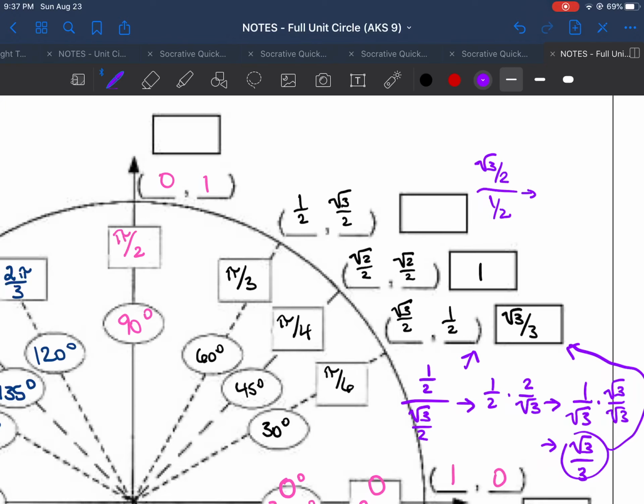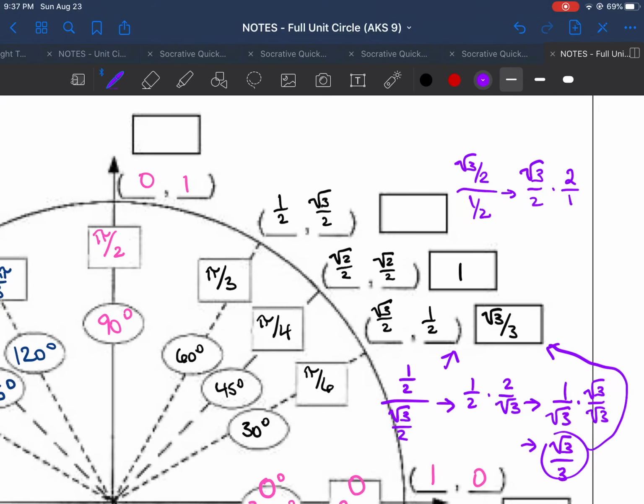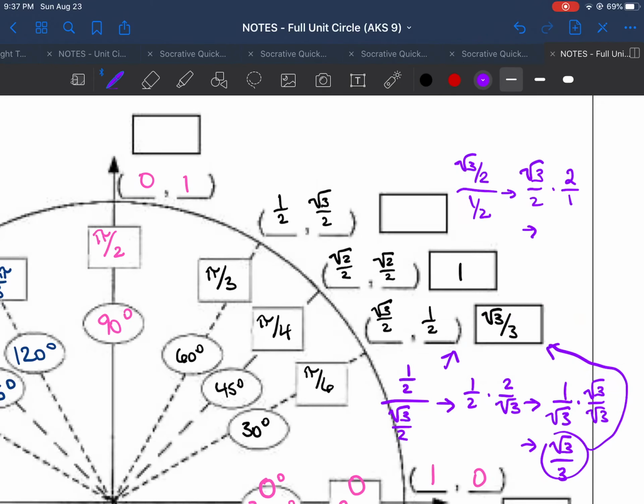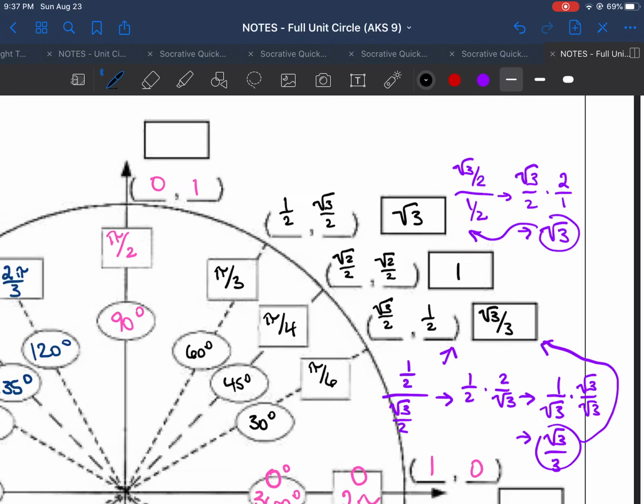This would lead us to square root of 3 over 2 times 2 over 1. And notice that in this case, the 2's would cancel each other out, and all that we would have left is the square root of 3. So the tangent of 60 degrees would be the square root of 3. Okay?